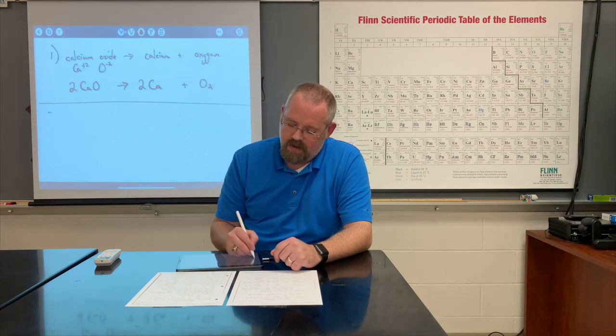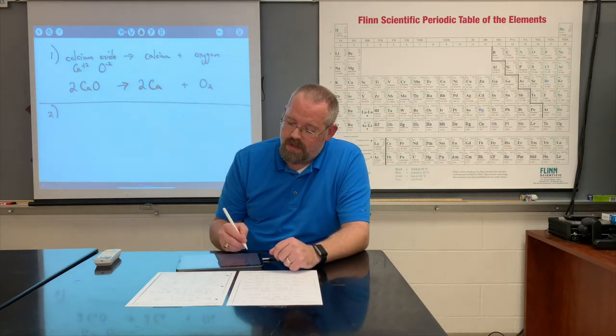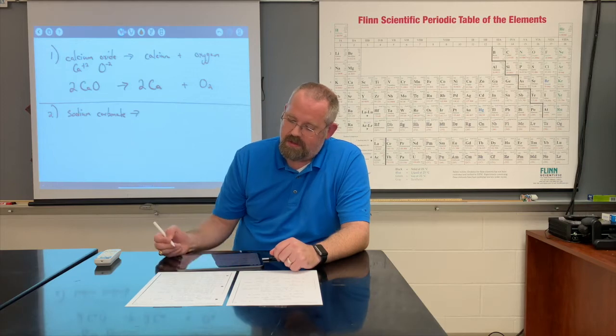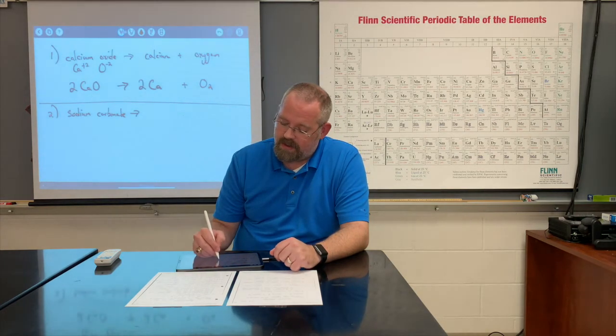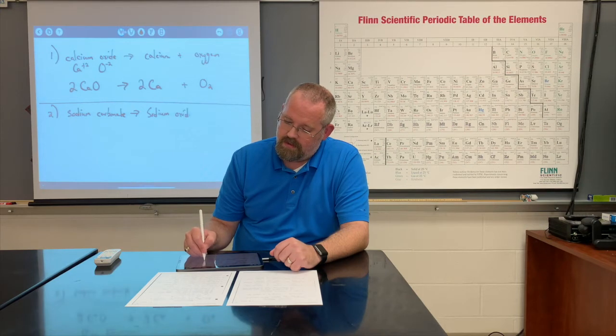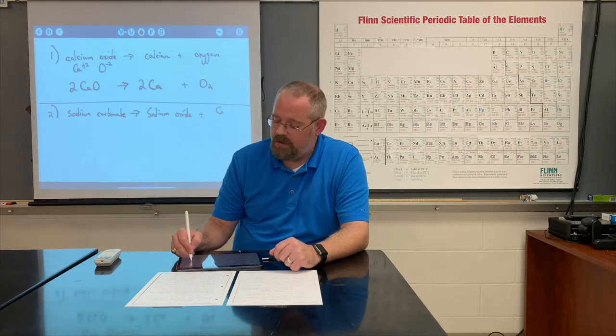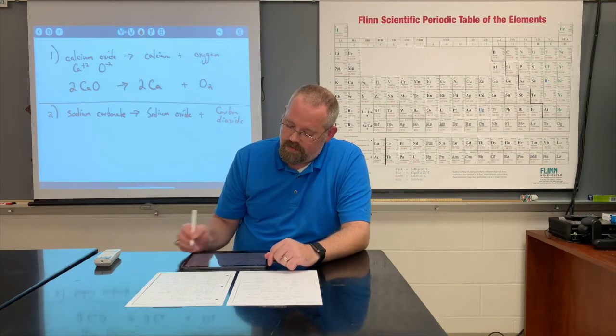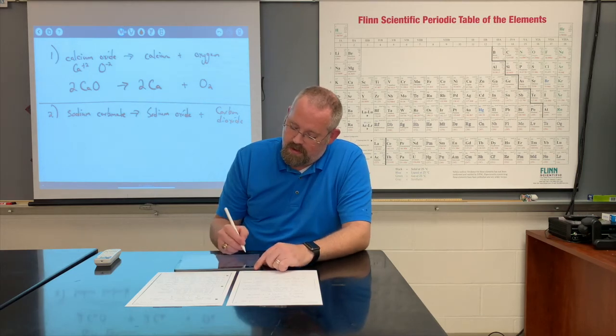Our second type is going to be a metal carbonate. So we're going to do sodium carbonate. And a metal carbonate is going to decompose into a metal oxide, sodium oxide, plus carbon dioxide. So you need to know all of your ionic rules here.